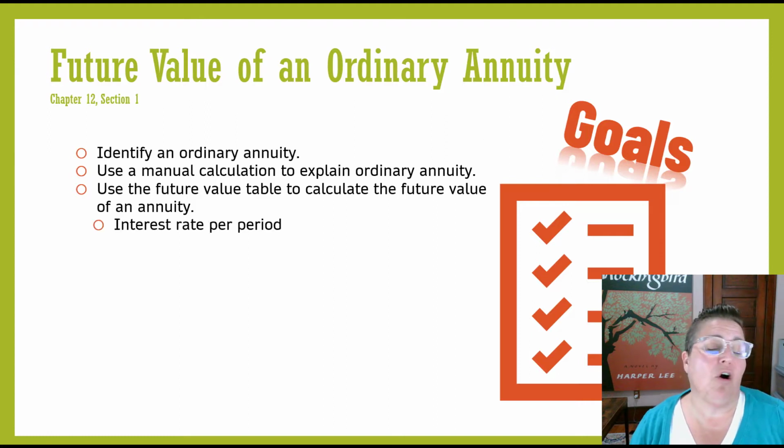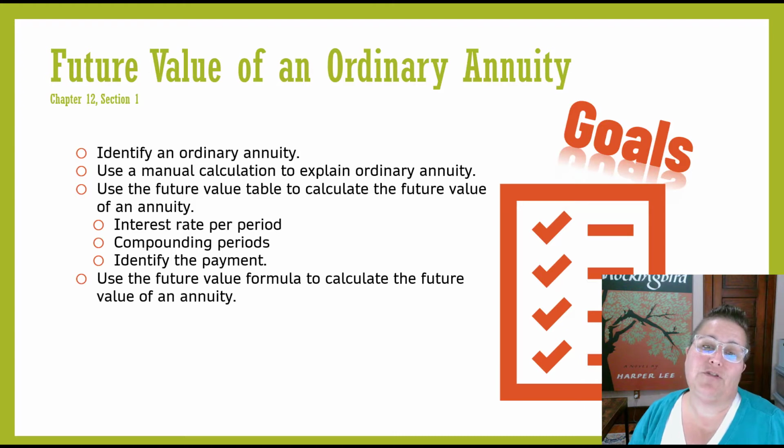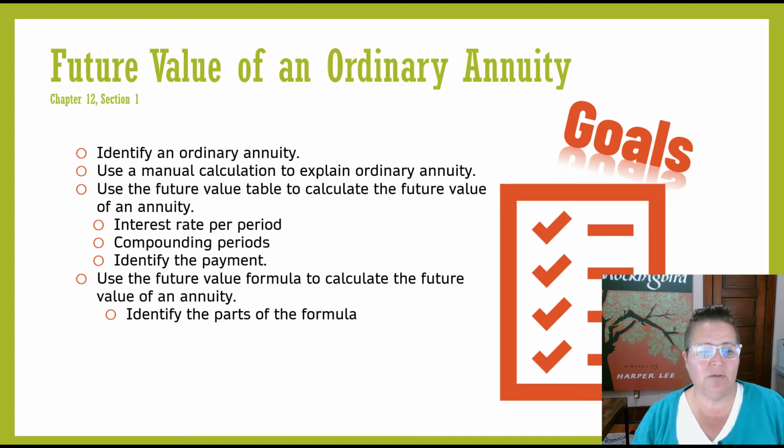That means we need all of the same pieces that we did for last chapter. You will need to be able to find the interest rate per period, the number of compounding periods, and in this section, we'll be able to identify the payment amount, not the lump sum, but rather the payments. We're going to use the future value formula for an annuity to calculate the future value of that annuity.